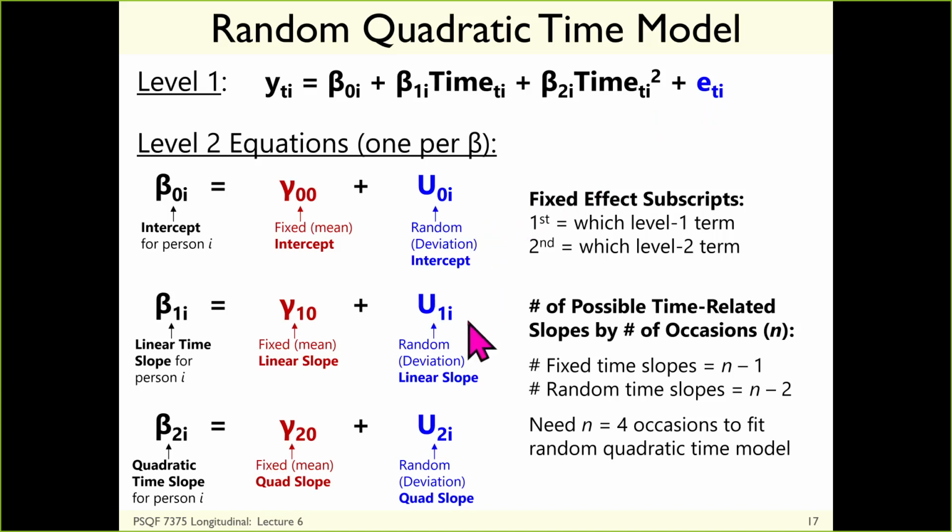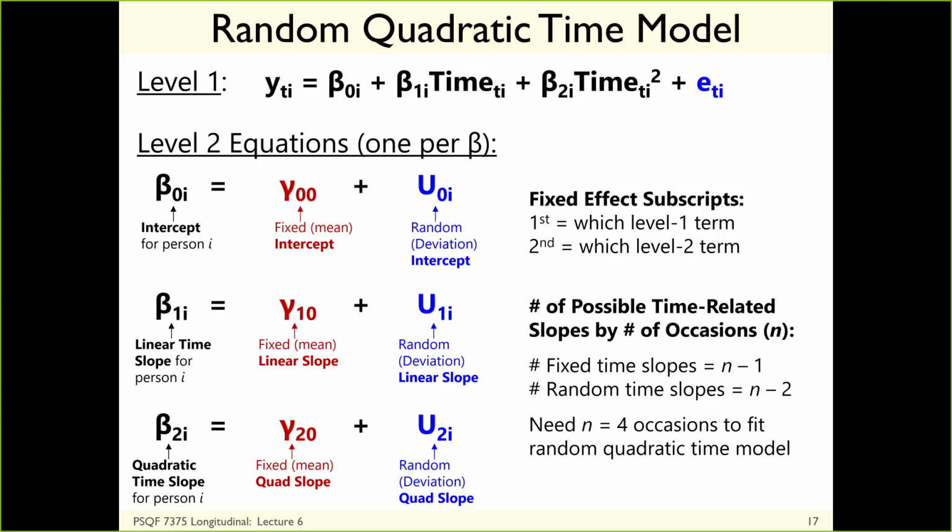So in thinking about what could predict each of these things, the type of variables that could reduce the random effect variances, the differences between people in their U0 intercepts, the differences between people in their U1 slopes, the differences between people in their U2 quadratic slopes. The only kind of variable that can reduce these U variances is going to be what?